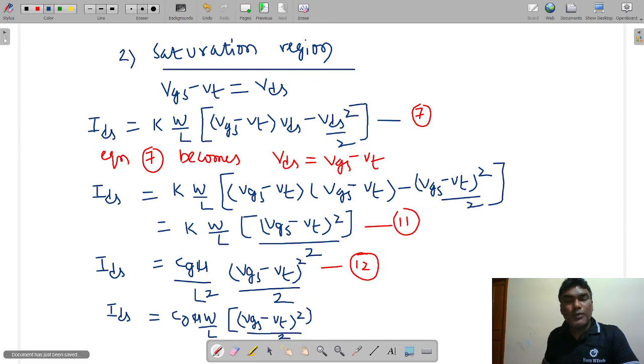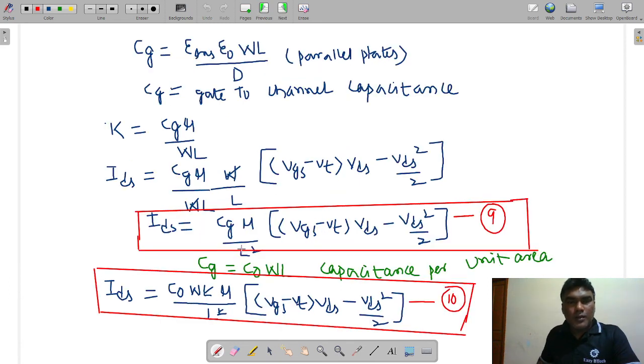So this is the last equation, in capacitance per unit area, the 13th equation. So C0 is capacitance per unit area, CG is equal to C0 W into L. Then equation number 9 will become C0 W by L into mu.